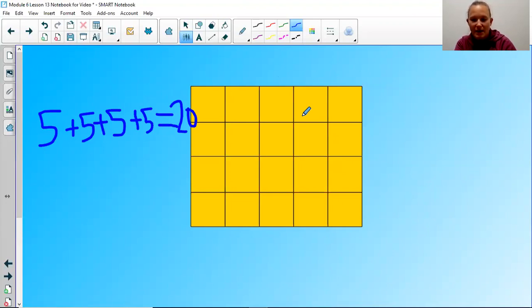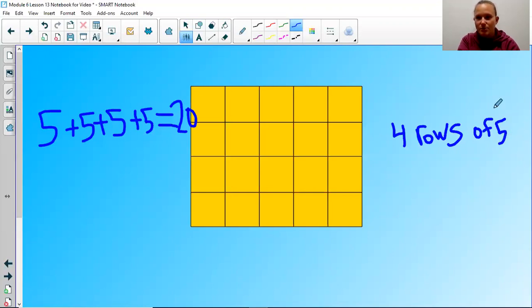We're going to be using number bonds to help us decompose this rectangle. So I'm going to write 4 rows of 5 as the whole to my number bond. And like I said, this would be the whole to my number bond.